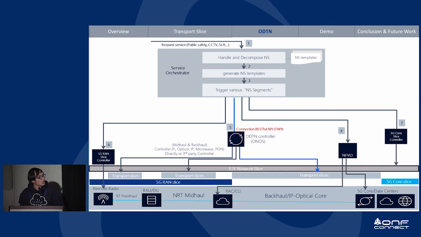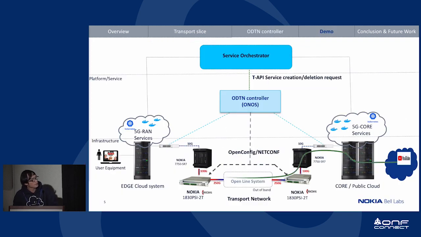In this demo, I will be focusing on showing how we use ODTN to provision a layer 1 service between the RAN and the core cloud.